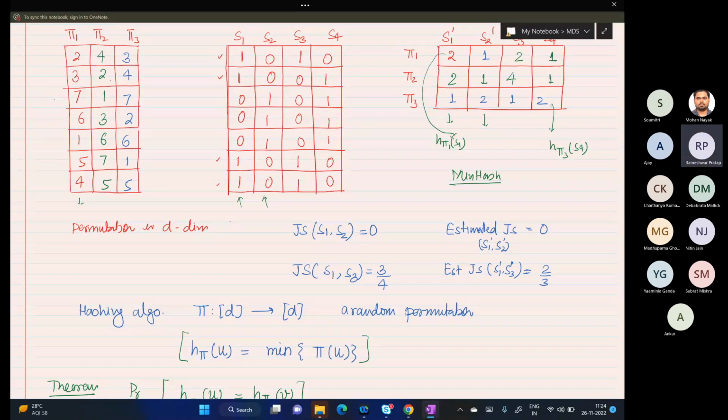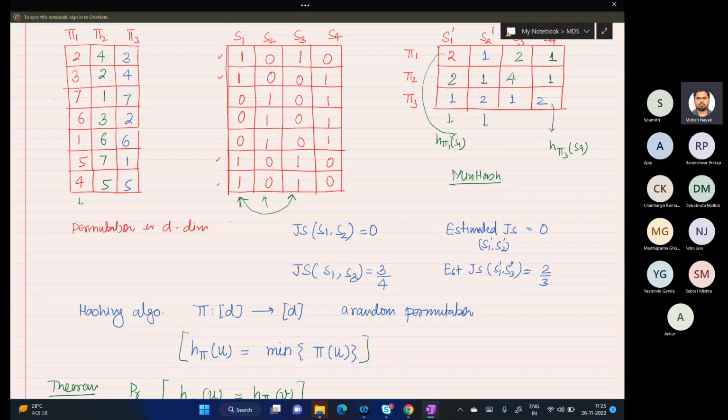Okay, what about S1 and S3? What are the chances that if we permute the indices of S1 and S3 with one random permutation, their corresponding minimum value will be the same?